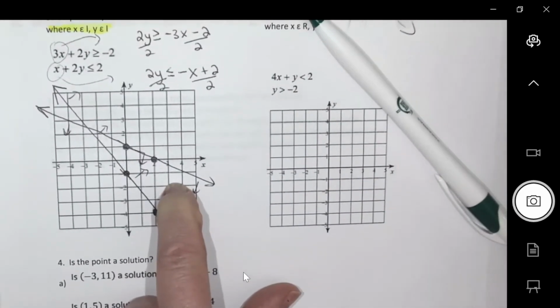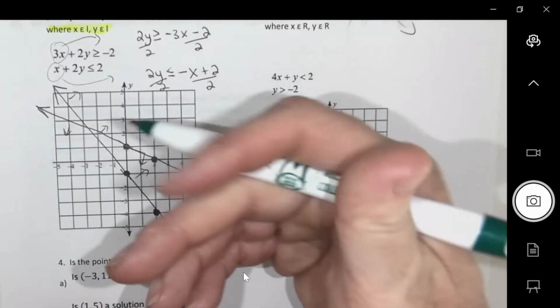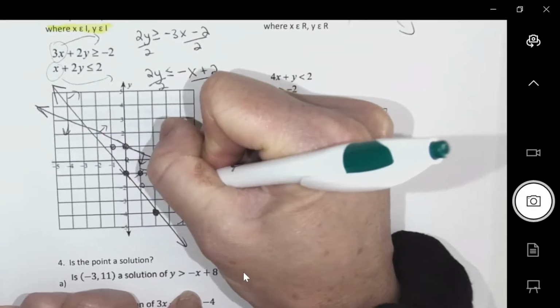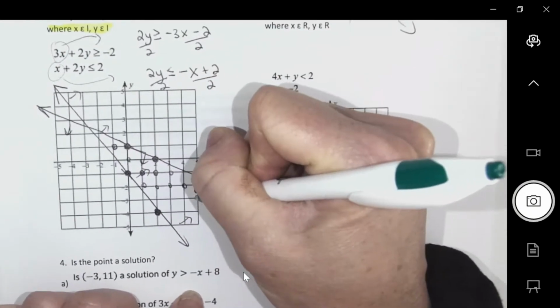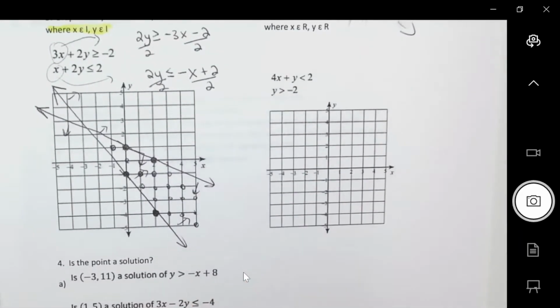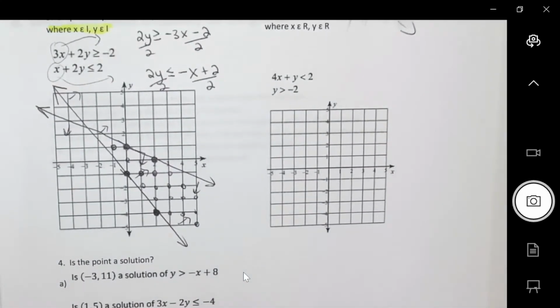I can only pick integer numbers, so I'm going to show you the region that works. So in that region, and the integer numbers in that region are going to work.